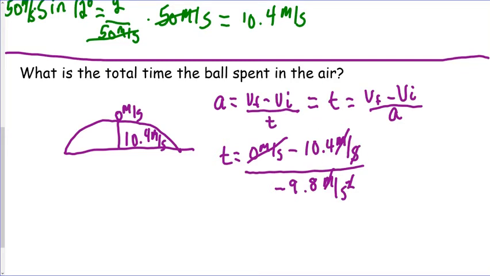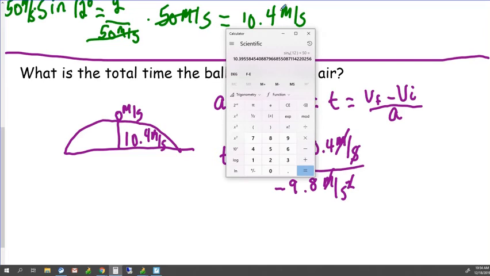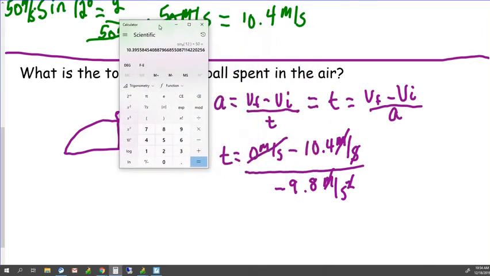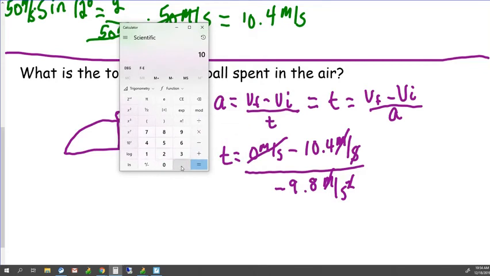So let's get our calculator up here. 10.4 divided by 9.8. Whoops, let's try that again. 10.4 divided by 9.8.